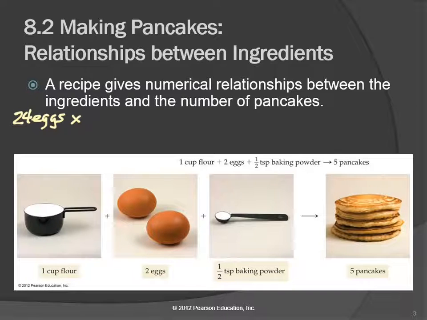So 24 eggs, and I want to know how much flour I need. I have flour up here, that's measured in cups, and I have eggs down here. I look at my recipe and I see that I need 1 cup of flour for every 2 eggs. That means I need 12 cups of flour.